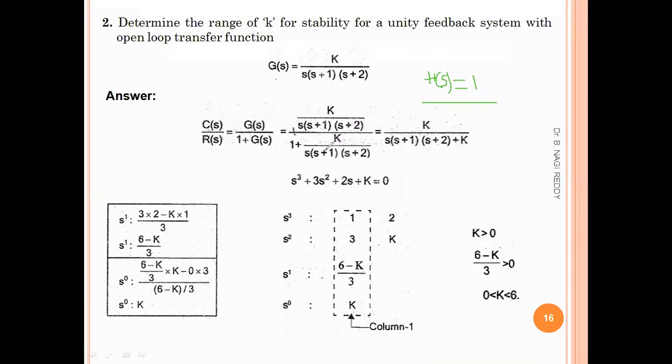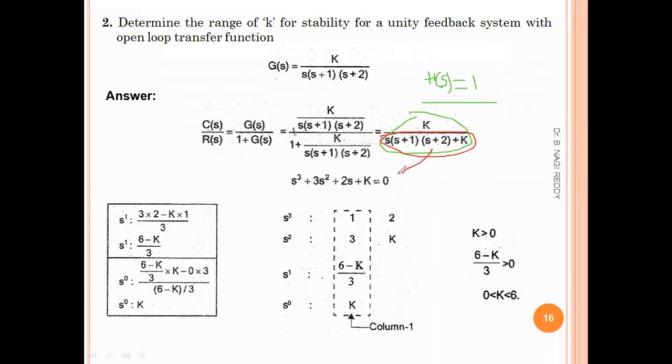Now we know G of s, substitute and simplify, and then we get the closed loop transfer function as k by s into s plus 1 into s plus 2 plus k. Now from this transfer function, we can write the characteristic equation, which is the denominator part. Denominator is the characteristic equation, right, for the closed loop transfer function.